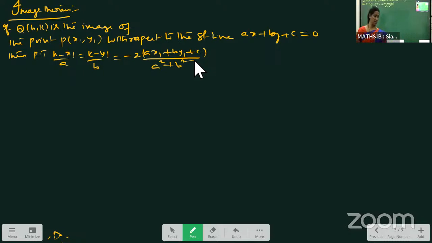Same thing is there. The foot of the perpendicular and image differ only by the minus 2. This is the only difference here.